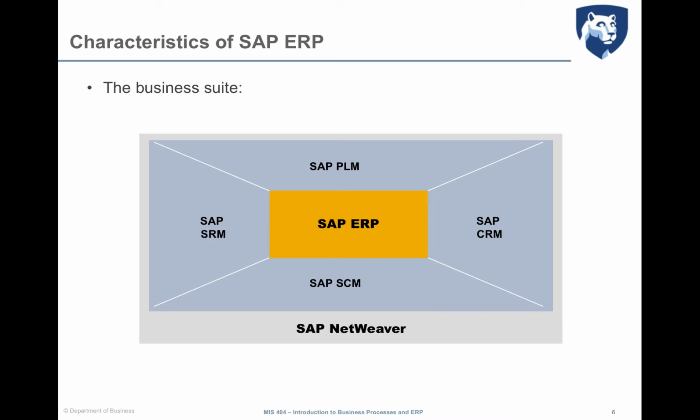Those modules support intercompany processes like supply chain management, customer relationship management, supplier relationship management, and product lifecycle management. Of course, in order to run also virtual machines, the layer related to the SAP NetWeaver application has been conceived and added during the years.